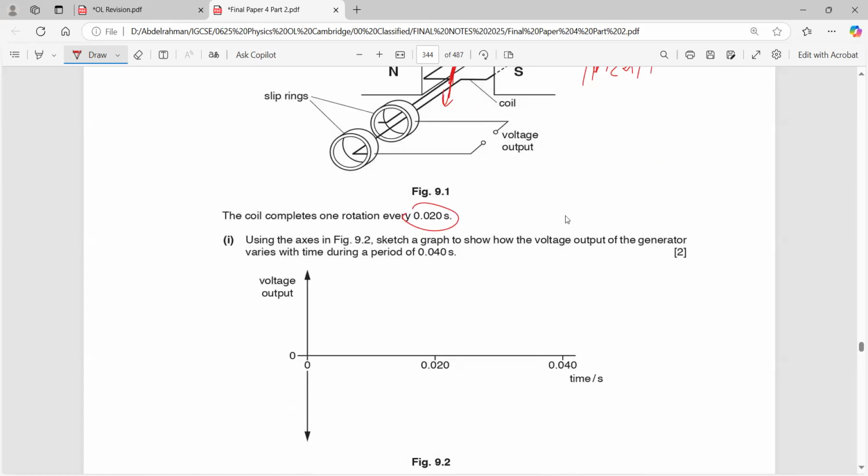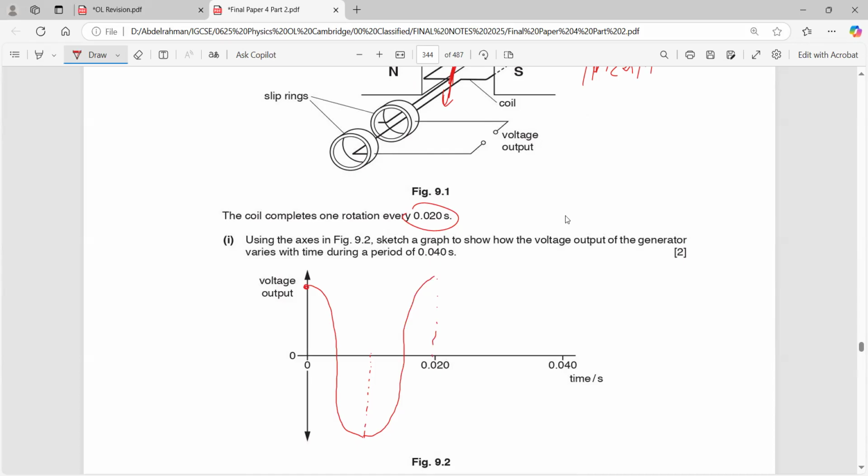So at this point, it would start from the maximum, moving to the minimum, the maximum in the opposite direction at 0.01, and then moving back to the maximum at 0.02.